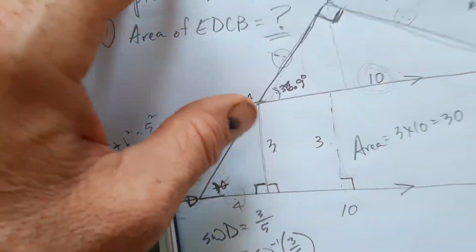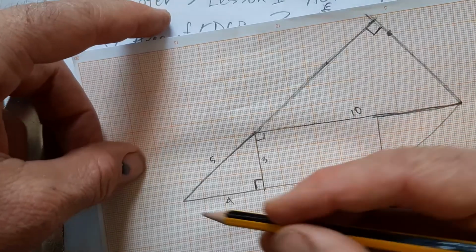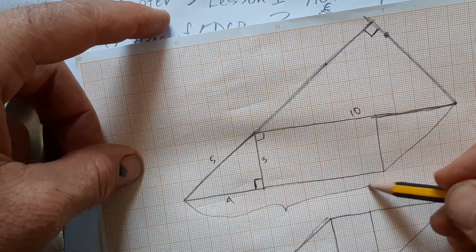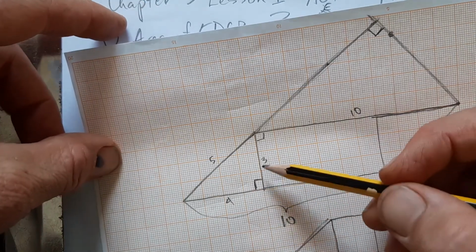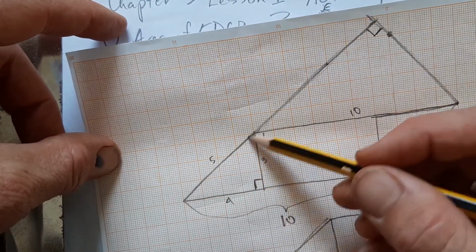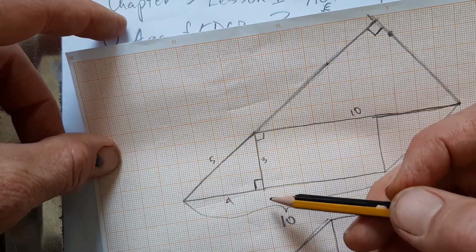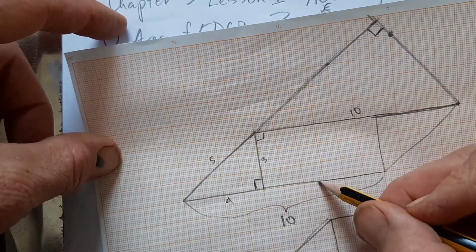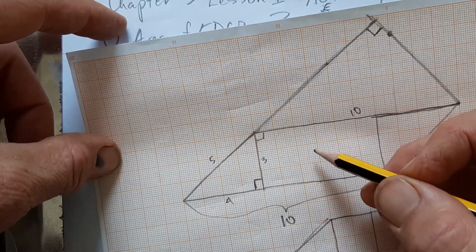I grabbed some graph paper and drew it. I drew this length 10 squares, and then I did a 3 and a 5 here. Well, that makes this a 3, 4, 5 triangle. It has to be that way, right? And so that just leaves 6 here. So you've got a little square, 6 by 3.